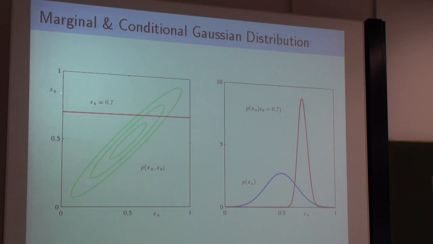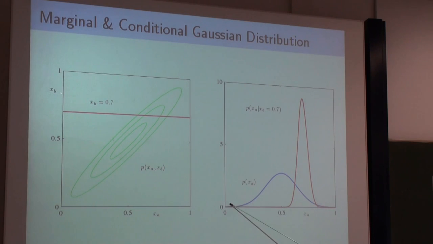Okay, now let's look at this picture. In this picture we see the difference between the marginal distribution and the conditional distribution. That's very important, and we will really need this. This is our original two-dimensional distribution. If we look at the marginal distribution P of xa, this is the dimension xa, and this is xb.